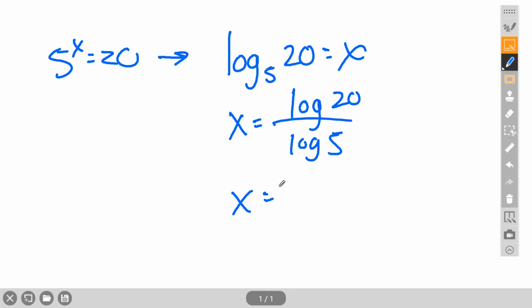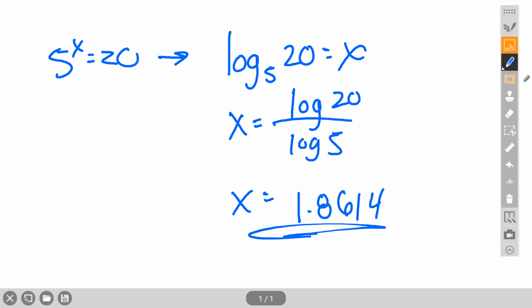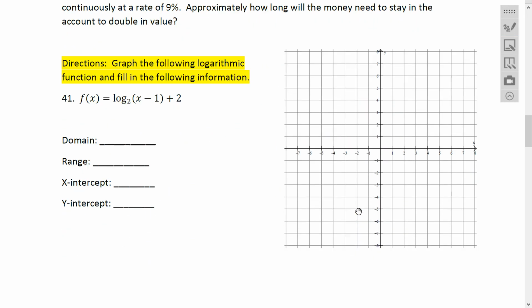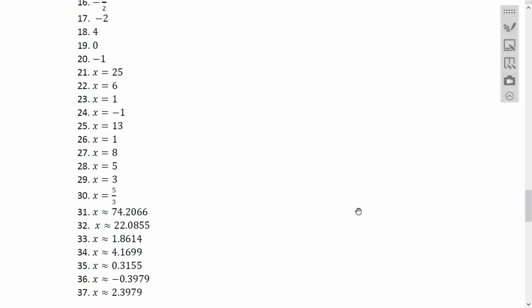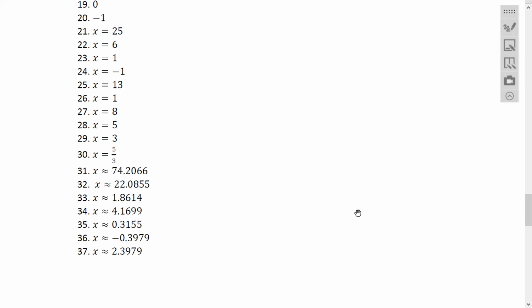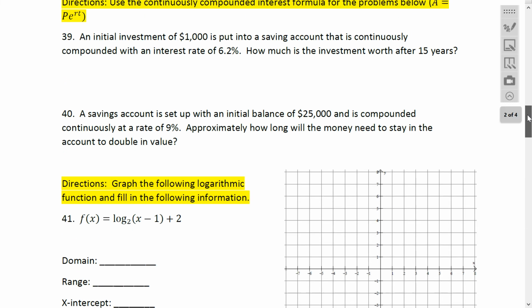So common log of 20 divided by common log of 5, and we get our solution is about 1.8614.